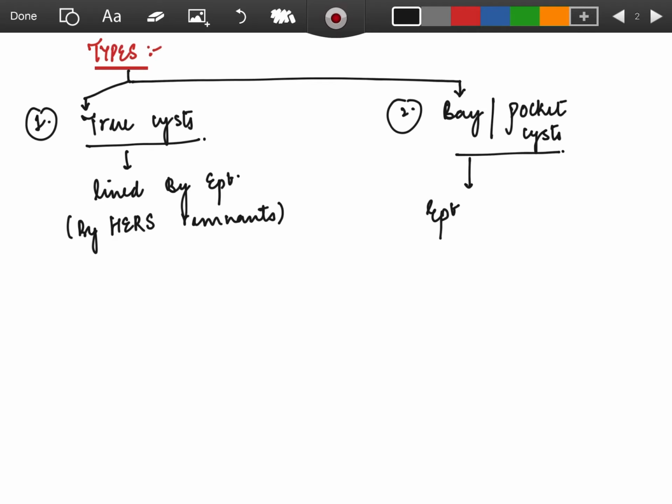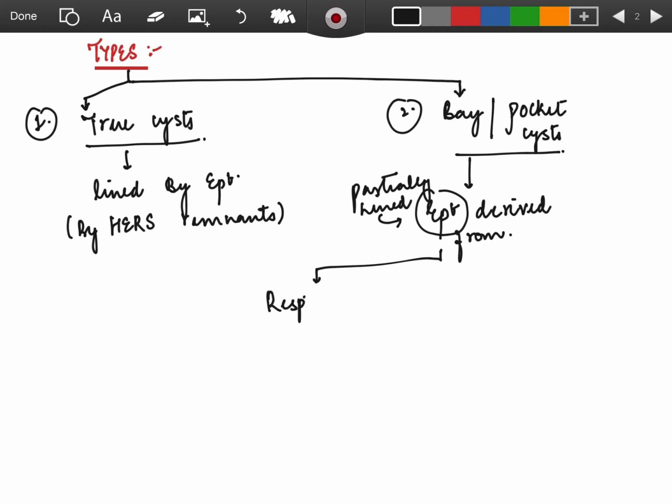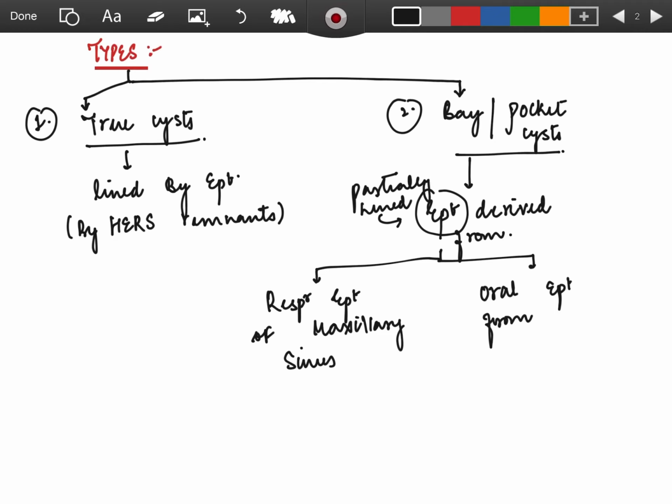It is partially lined by epithelium, derived from the respiratory epithelium of the maxillary sinus and from the oral epithelium of the fistulous tract.